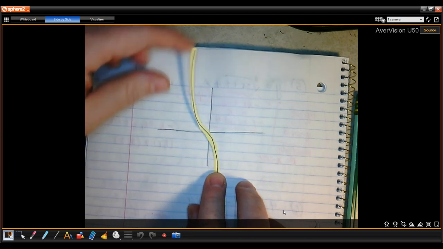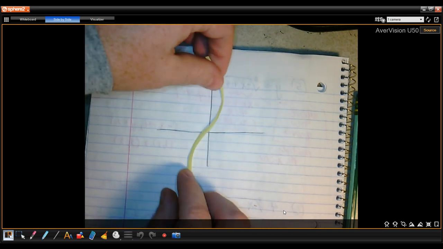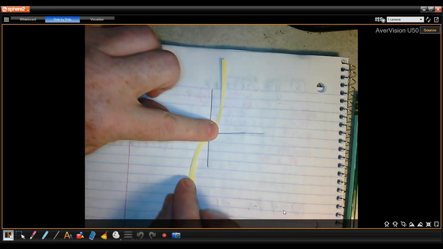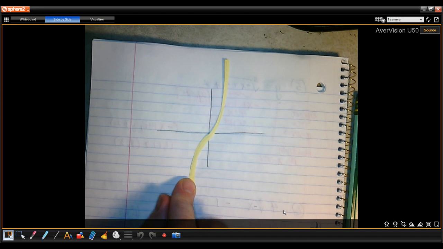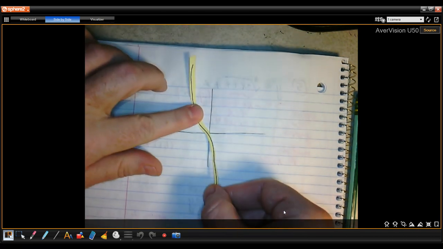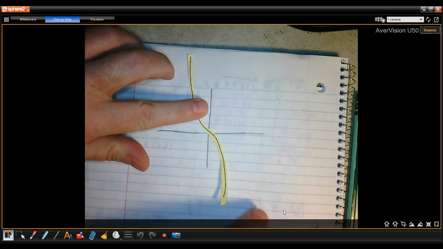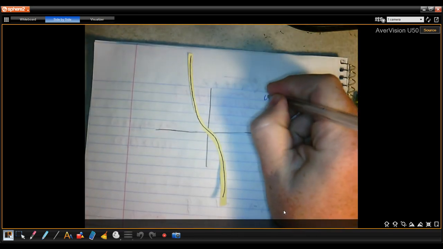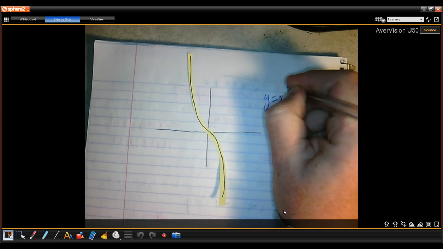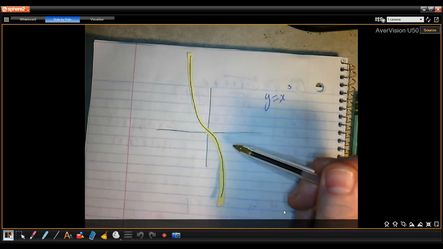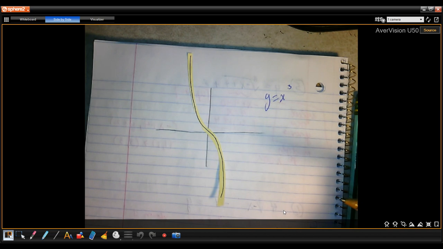It's the same thing because of the shape of the graph, because it's symmetrical. So there is the parent function. Reflect over x looks like this. Then if it's reflect over y, it's like this. So you can see on a cubic function, this is y equals x cubed. When you reflect over x or reflect over y, it's the same shape. So it doesn't matter.